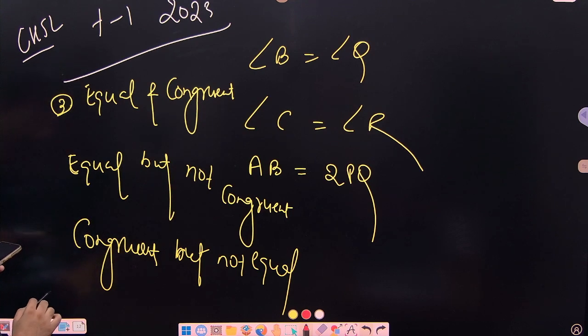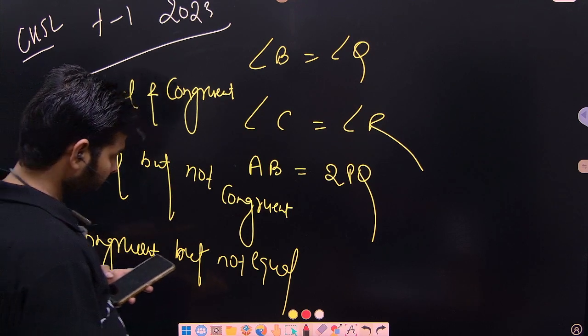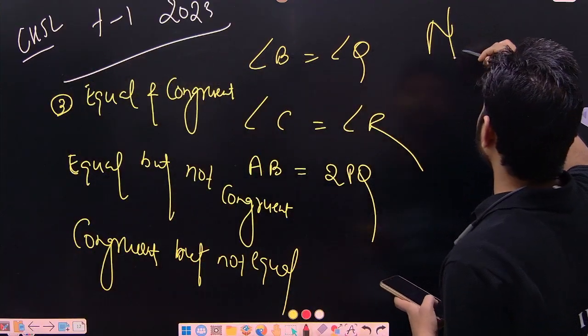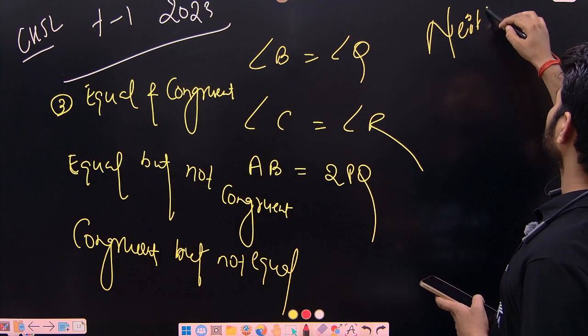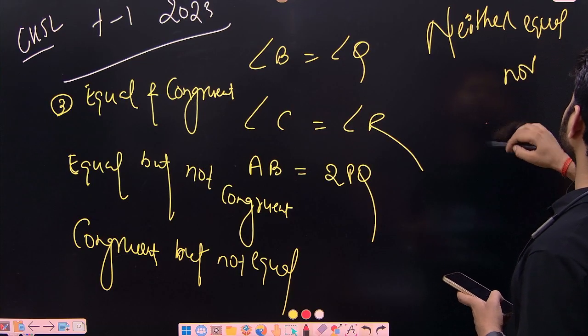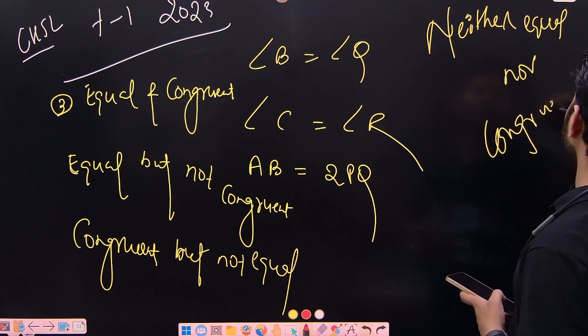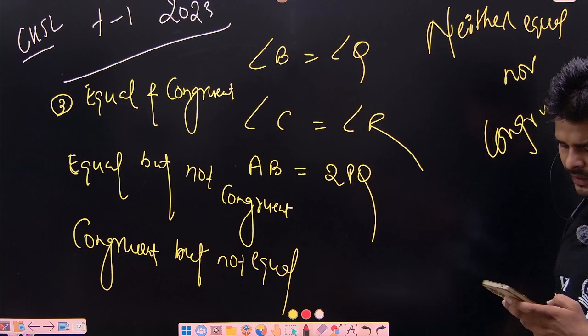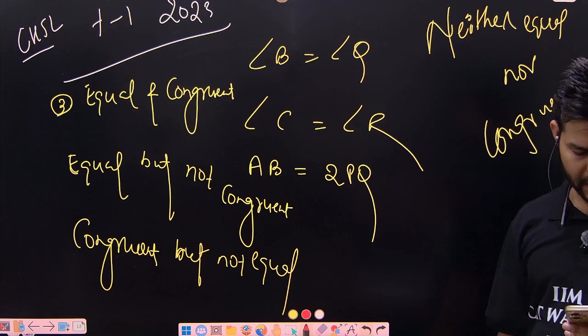Fourth option is neither equal nor congruent. According to these given data, you have to prove what would be the condition.